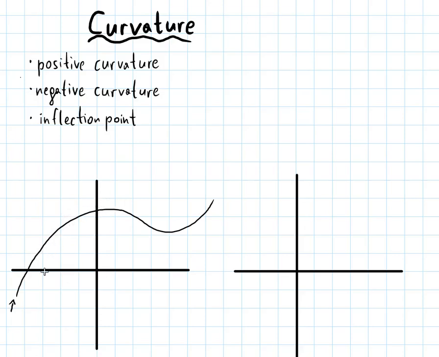So this is a curve to the right, and curves to the right, they are called negative curvatures. We call them negative curvatures. There is a positive curvature here because you would have to turn to the left.